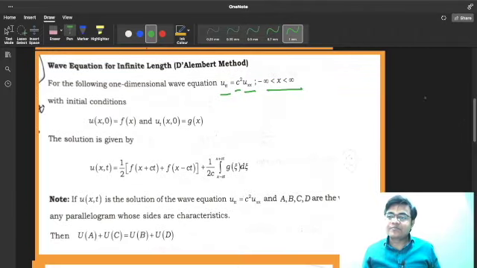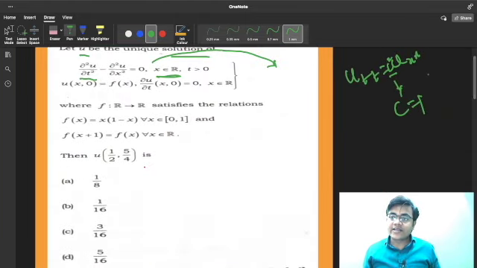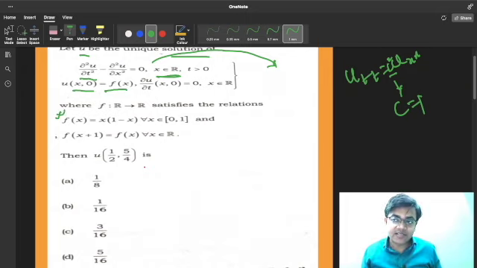Thereafter you will see, in the standard form, u(x,0) is equals to f of x. In the question it is also given f of x, but here they have done something interesting. Don't worry.